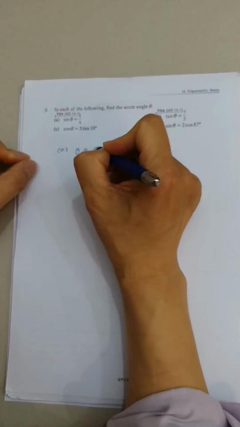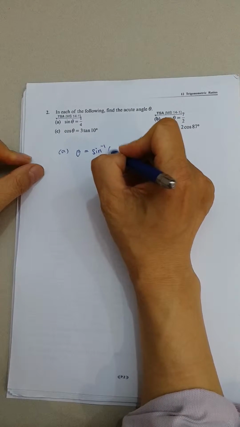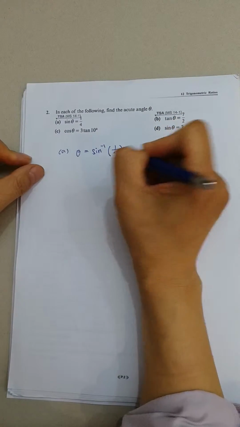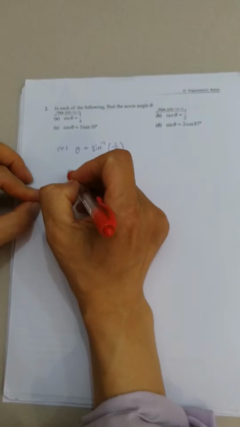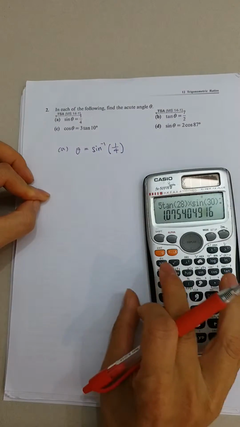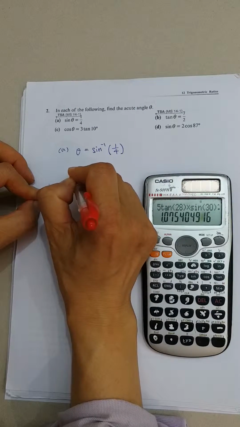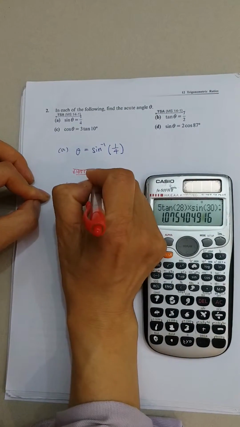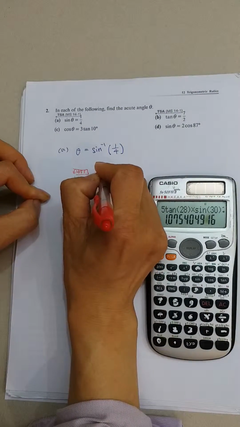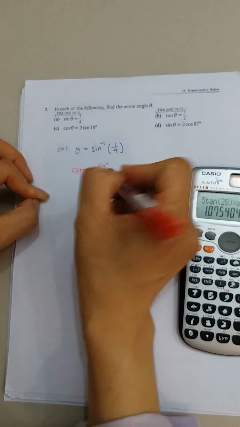Theta is equal to inverse sine, sometimes people say arc sine, of 1/4. So the key press sequence is that you press the shift key, then you use the inverse sine function, and a bracket is already open.